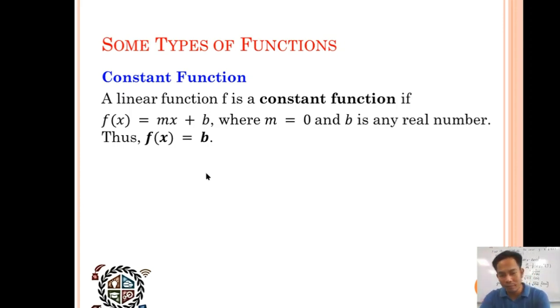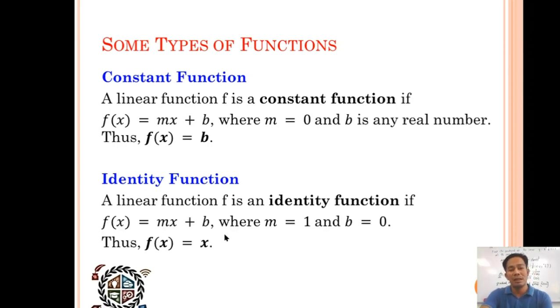Next. Let's move on to another type, identity function. Identity function is where the function is equivalent to x. So for example, identity function is where m is equal to 1 and b is equal to 0. So kapag yung m mo ay 1, 1 times x is x, at yung b mo is 0, x plus 0 magiging x na lang siya.